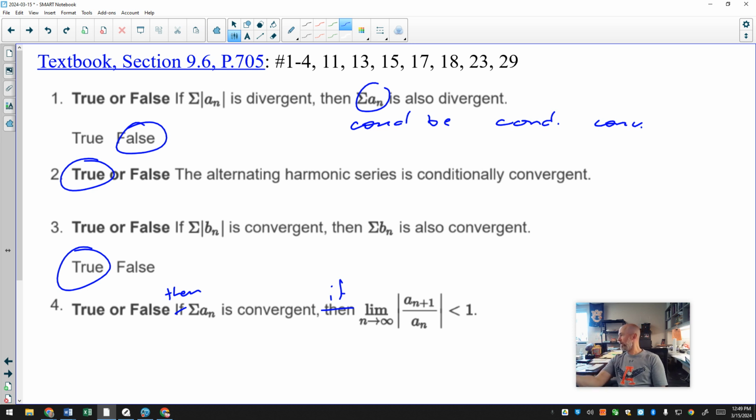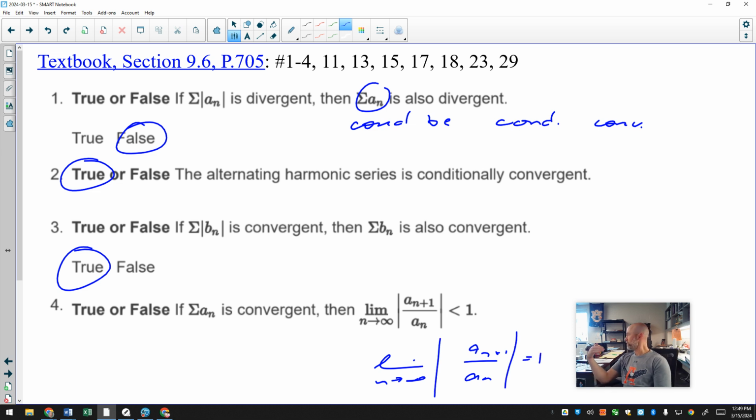The other way of wording that is not necessarily true because there is that inconclusive window for the ratio test. It could be that the limit as n goes to infinity of a sub n plus 1 over a sub n is equal to 1. It is possible that ratio would equal 1, which is inconclusive. So that's false. Yeah, that's a sneaky one.